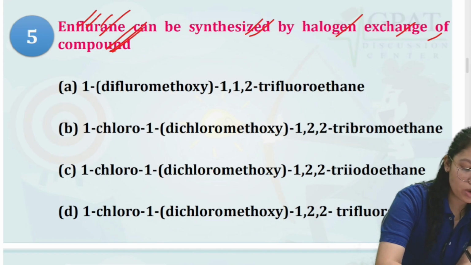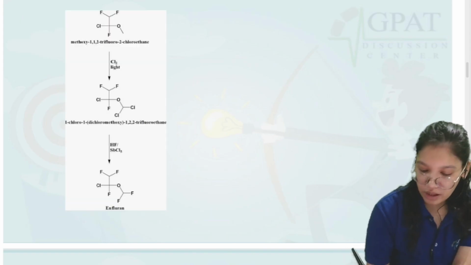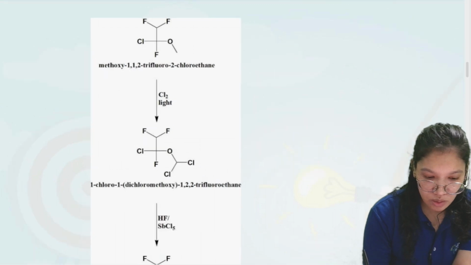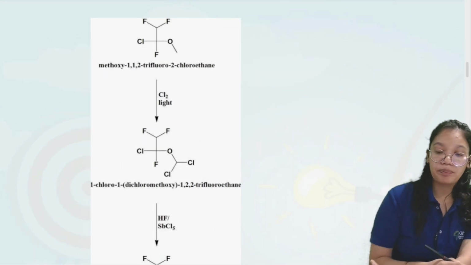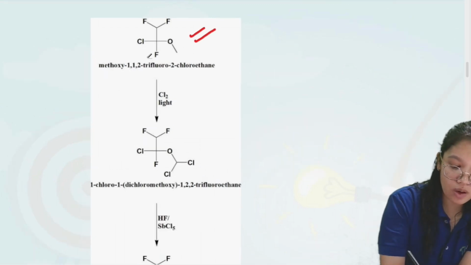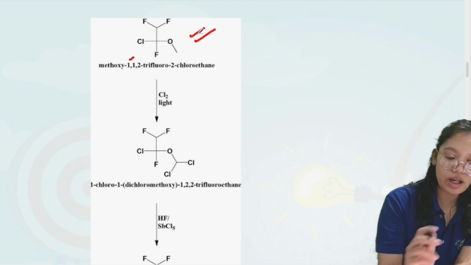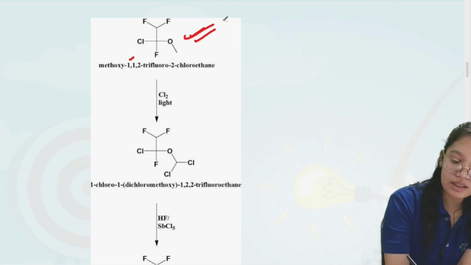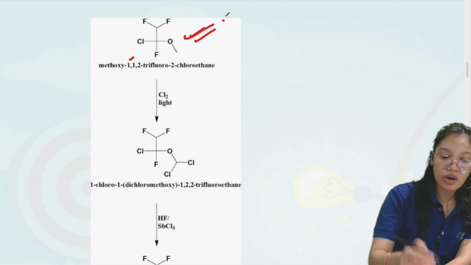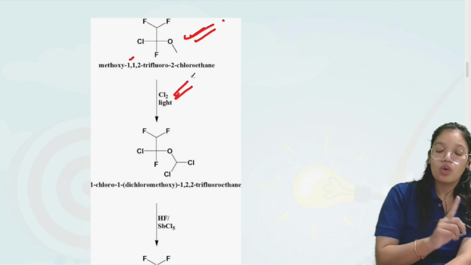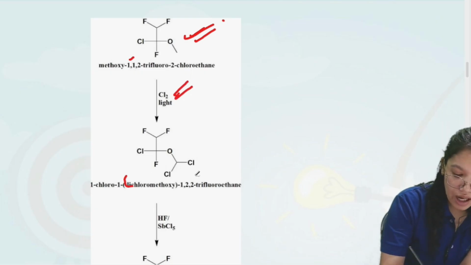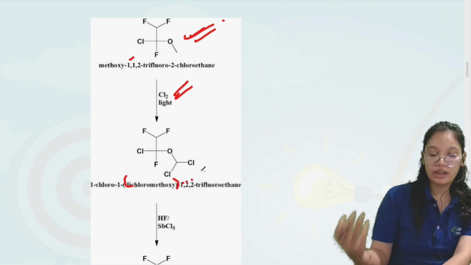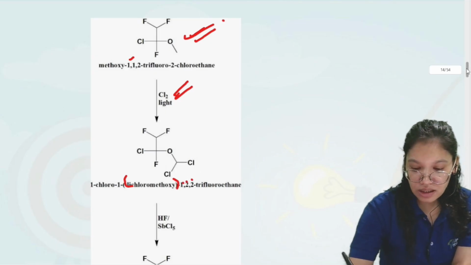So let's look at the synthesis of enflurane first. Let me zoom it. The precursor here is methoxy 1,1,2 trifluoro 2-fluoroethane. This is the precursor. Now this on chlorination gives us 1-fluoro 1 difluoromethoxy 1,2,2 trifluoroethane.